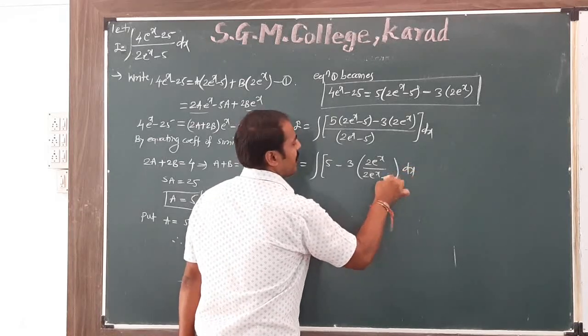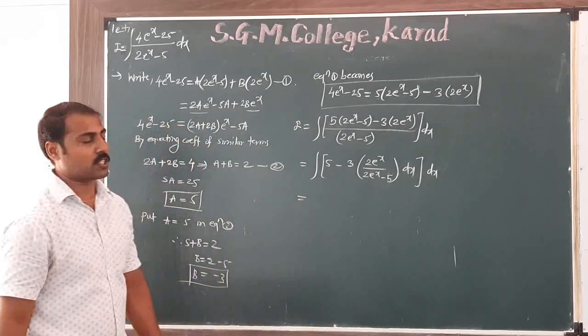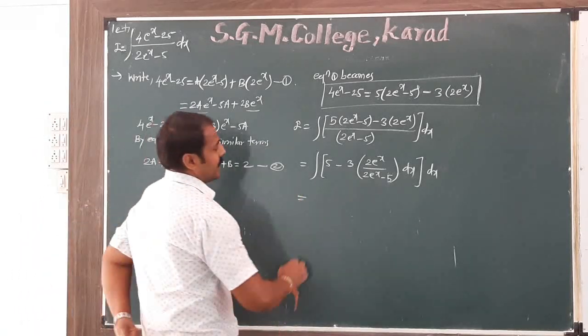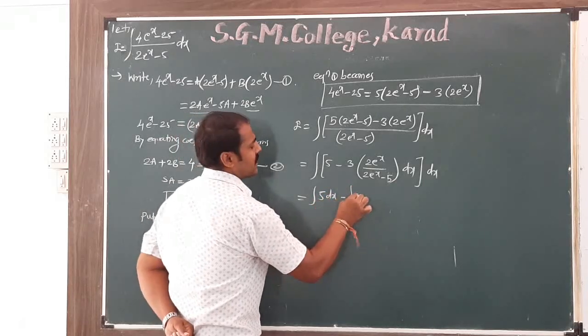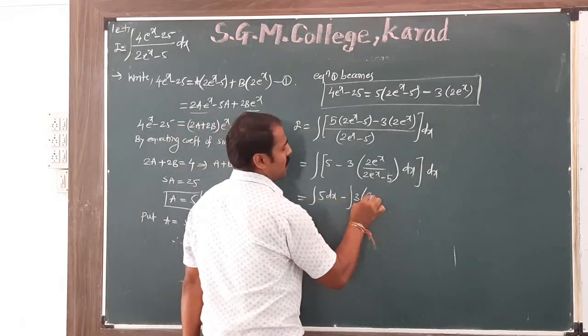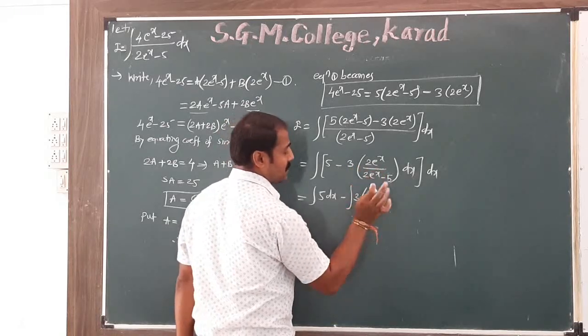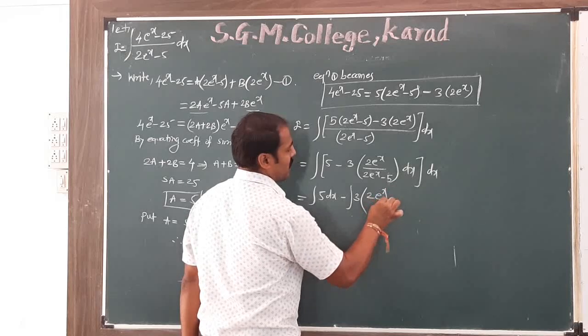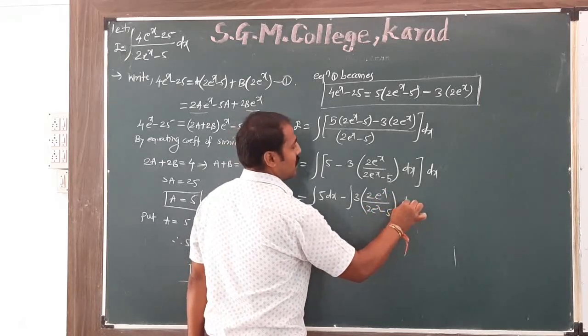Look at here. Inside the integration there is subtraction, so separate the integration sign. Integration of 5 dx minus integration of 3 into, don't multiply 3 into 2 as 6, 2 e raised to x divided by 2 e raised to x minus 5 dx.